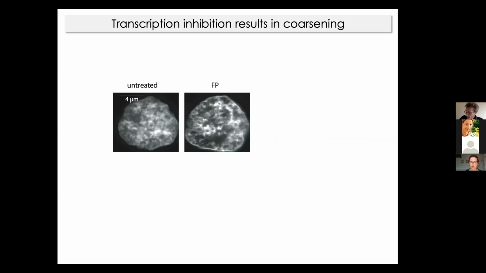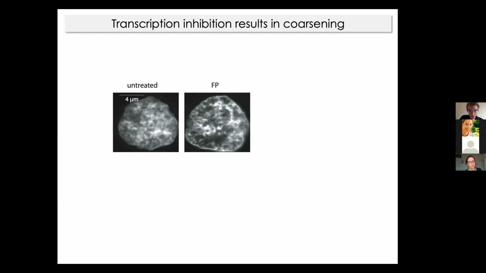And so in order to begin to address that question, we decided to first inhibit transcription with flavopiridol, which is an inhibitor which throws off the RNA polymerase from the genome. What is important is that we can do this in many cells at the same time. And in this case, we selected cells in which there was still RNA in the nucleus. So now we have cells in which there is chromatin and RNA, but no transcriptional activity.